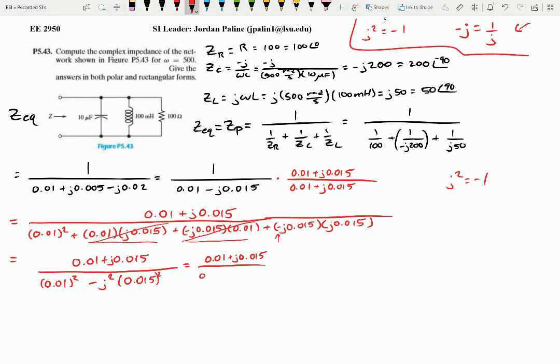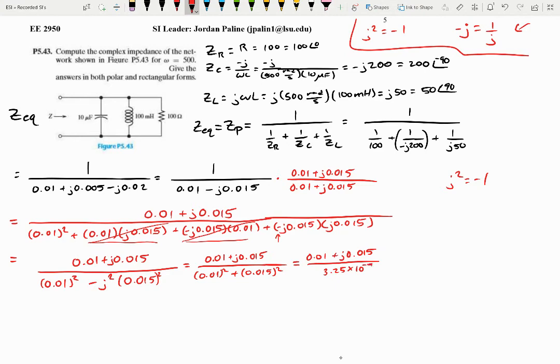So this turns into 0.01 squared plus 0.015 squared. And when we do that math, 0.01 plus j 0.015, and the bottom is 3.25 times 10 to the negative fourth.